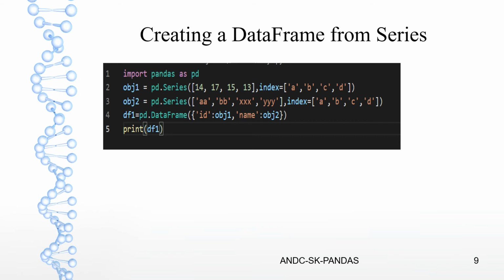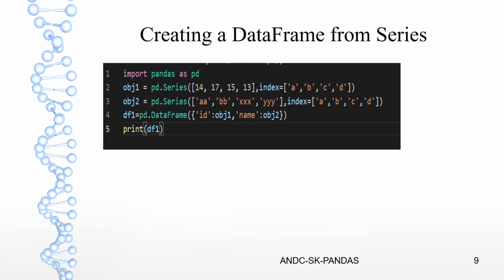So ID is the name of the column, whose contents are obj1, and the row indexes will be A, B, C, D. The second column is name, whose content is that of data series obj2, and indexes are the same.